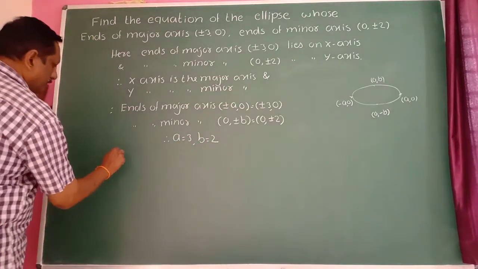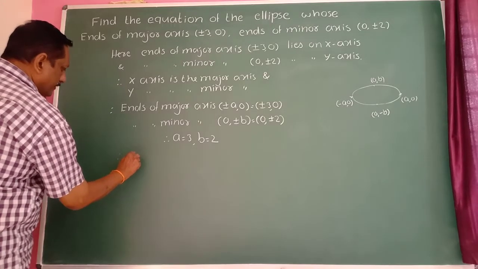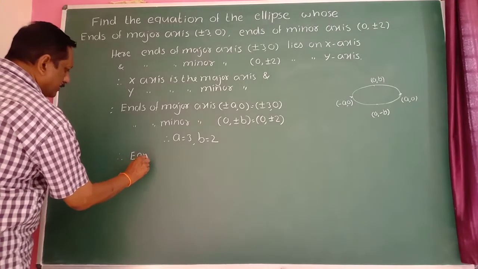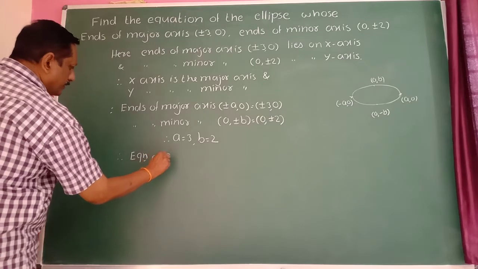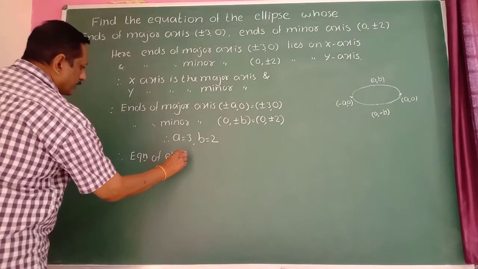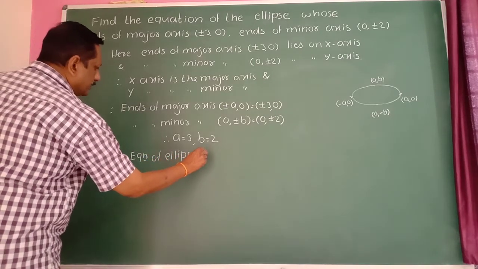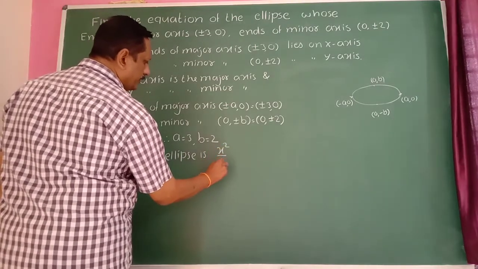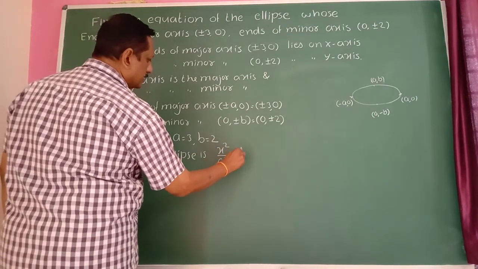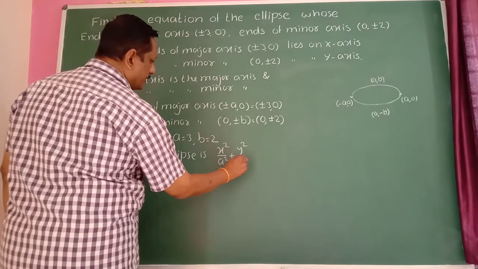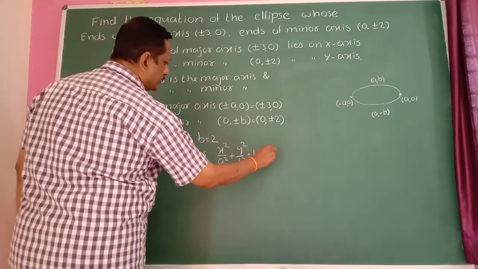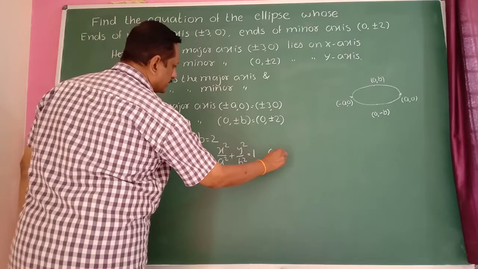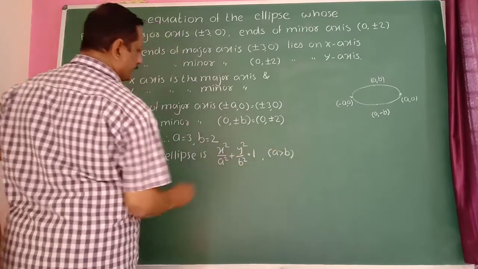Therefore equation of ellipse is x square divided by a square plus y square divided by b square is equal to 1 here. In this case a is greater than b.